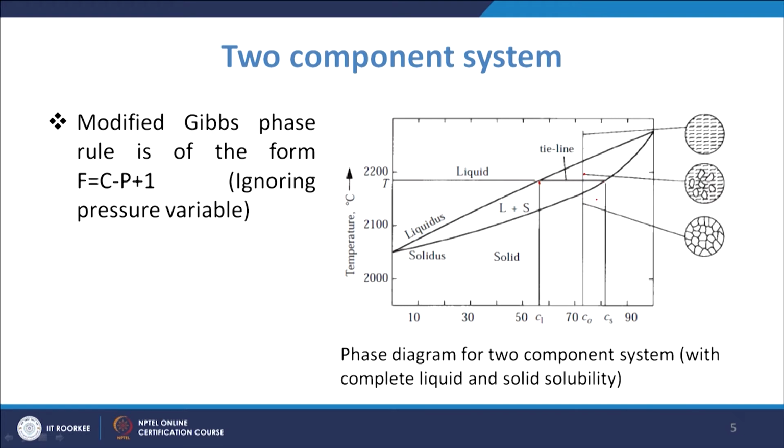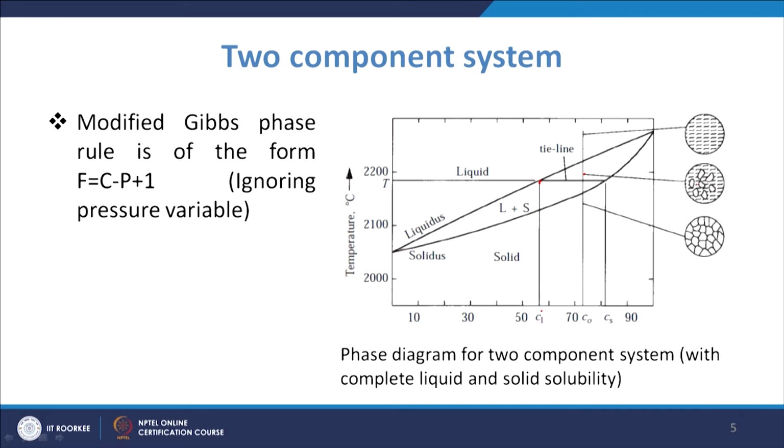If you have a melt of composition C naught, when it reaches this point, the tie line touches the liquidus line at this point, and corresponding to this point is the composition of the liquid. At this point you have the liquid as well as the solid zone.